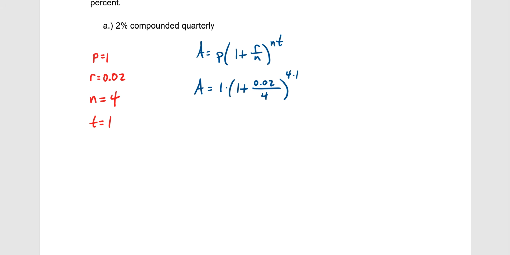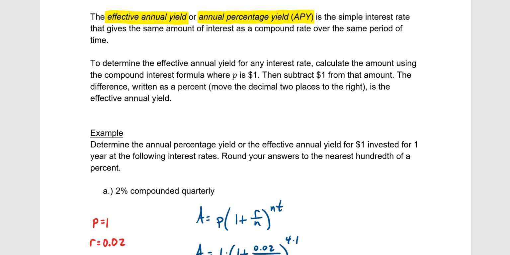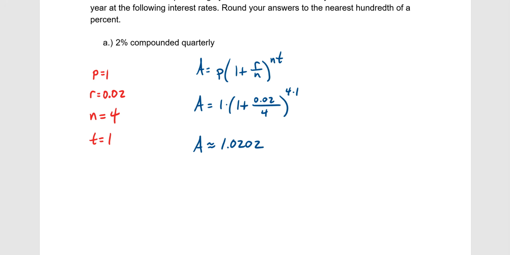And plugging all of this in, we get 1.0202, rounded a little bit here. And like it says up here in the instructions, subtract 1 from the amount, that's going to be the interest. So A minus P is going to end up being the interest. So let's go ahead and do that.